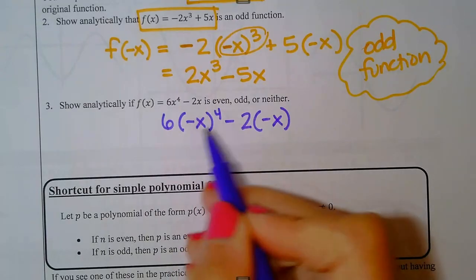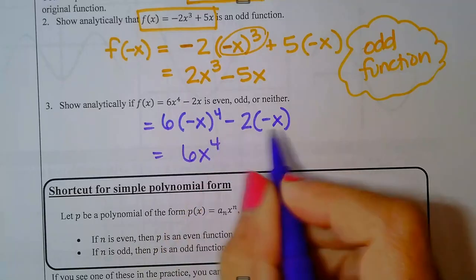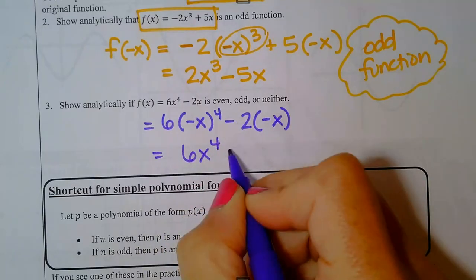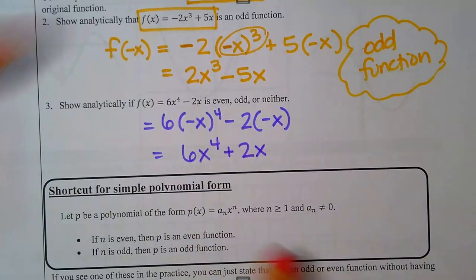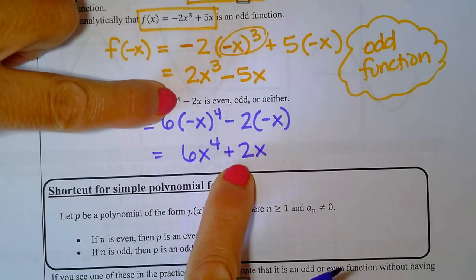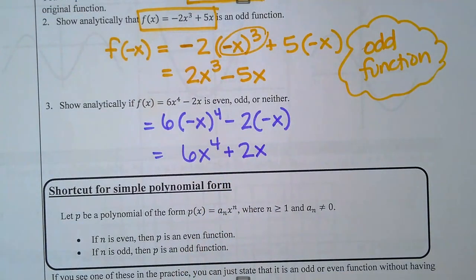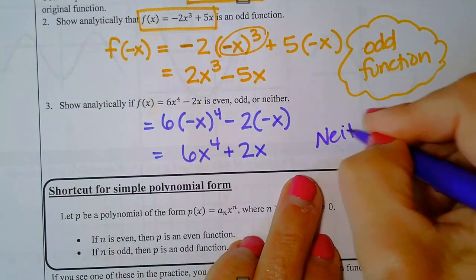And this is going to become positive, so that stays the same, right? And then a negative times a negative makes that a positive. So look what happened. 6 stayed the same, but then the minus 2x became a plus 2x. So if everything doesn't change, it's just neither.